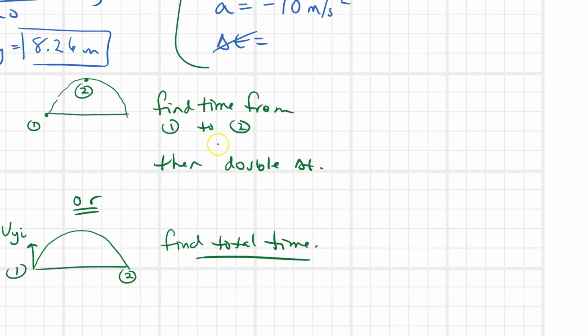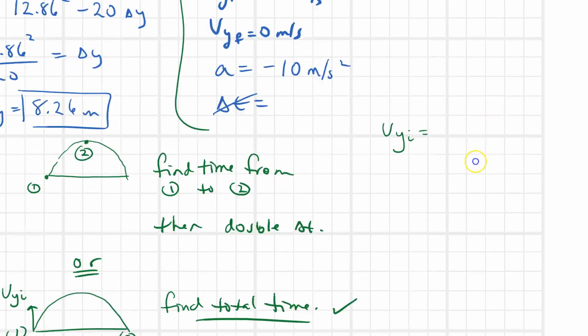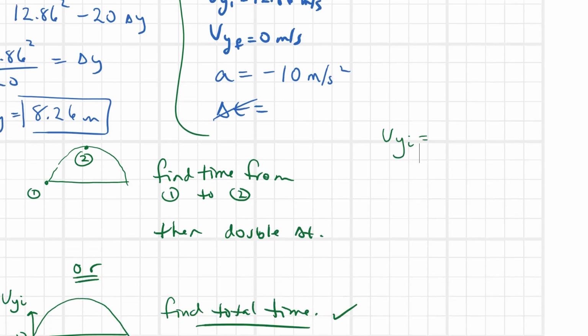So we're going to use this method here. I'm going to say Vyi was equal to, what was it, 12.86. So my final will be equal to that negative. My acceleration is negative, and I want to figure out the time.